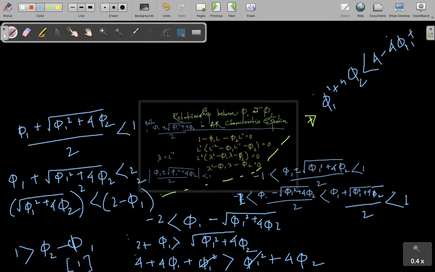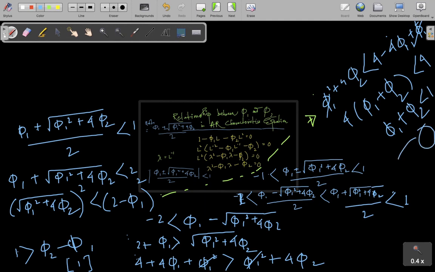Which means I can easily cancel out phi 1 square from both sides, and in the same manner I can take 4 common, so phi 1 plus phi 2 is less than 4, which means I will have phi 1 plus phi 2 less than 1. Okay, so this is my condition number 2, right?